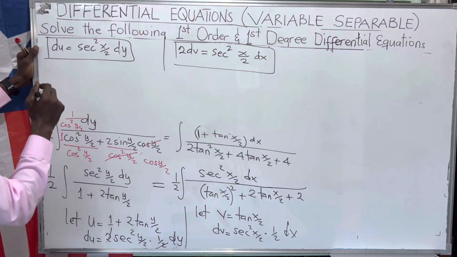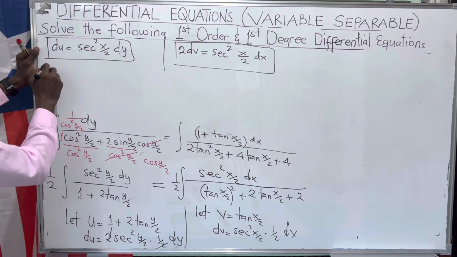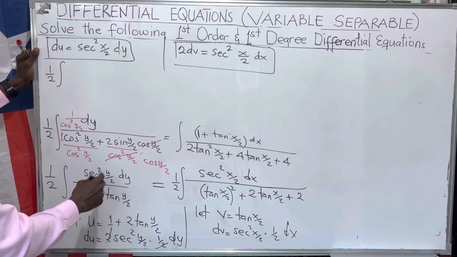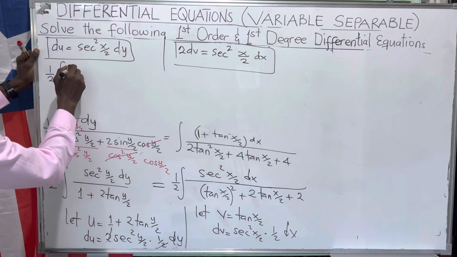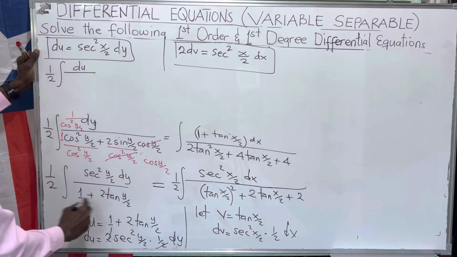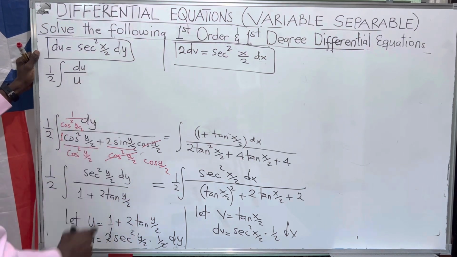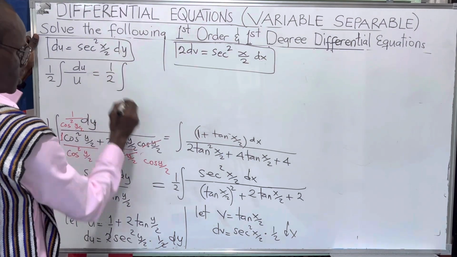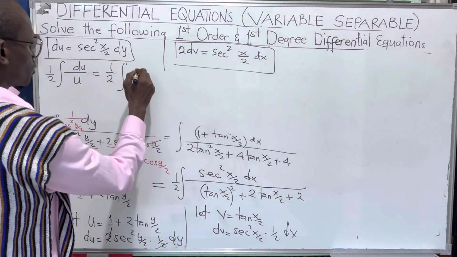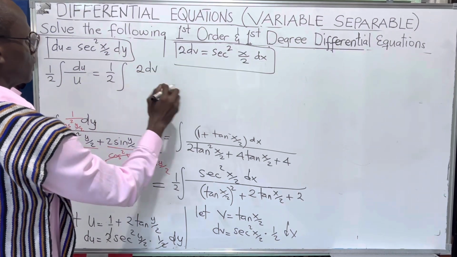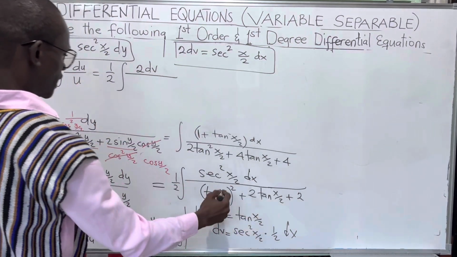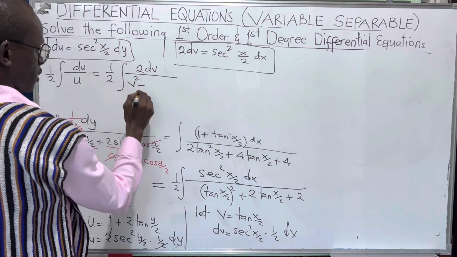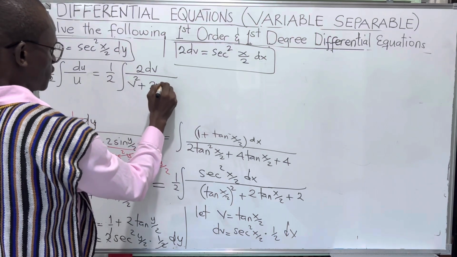So go back to the problem. The integral of this whole numerator is just equal to du, and the denominator is just equal to u, which equals 1 over 2 times the integral of, now the numerator is just 2 dv divided by the denominator, which is v squared plus 2v plus 2.